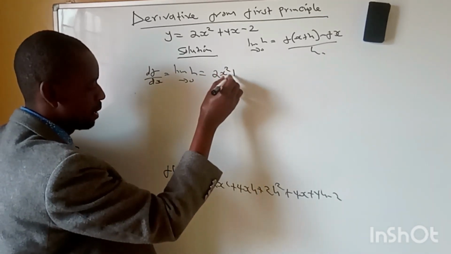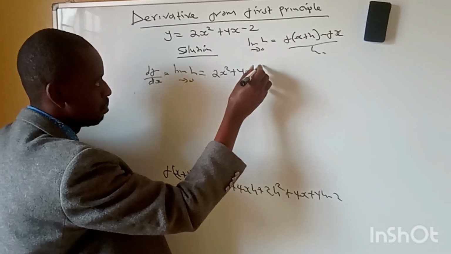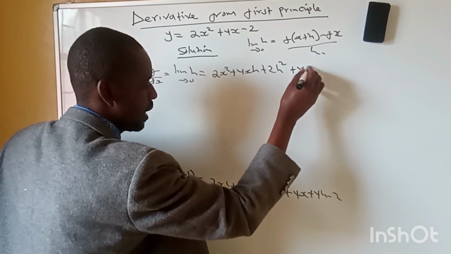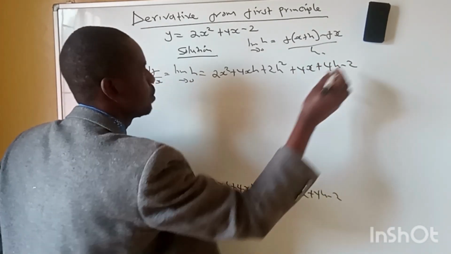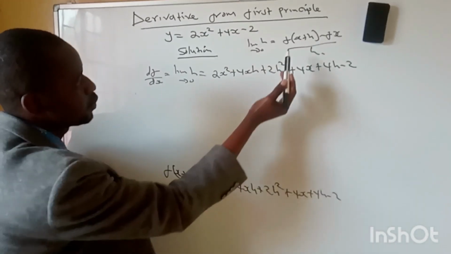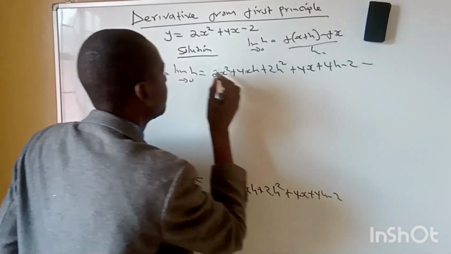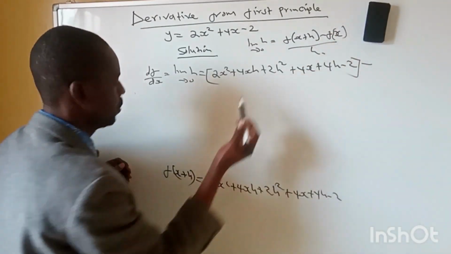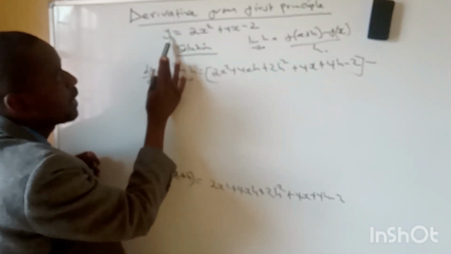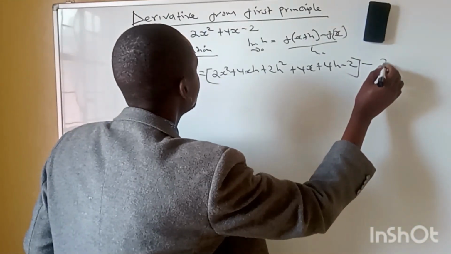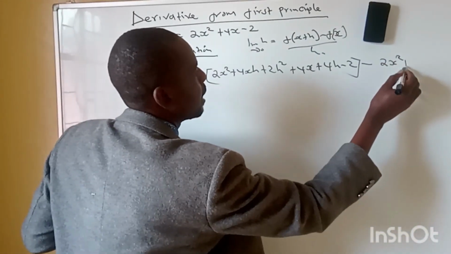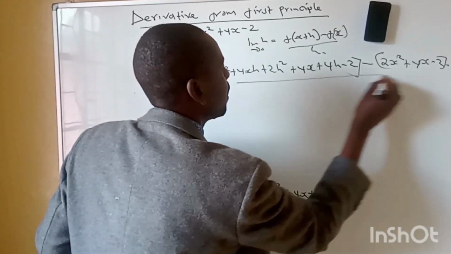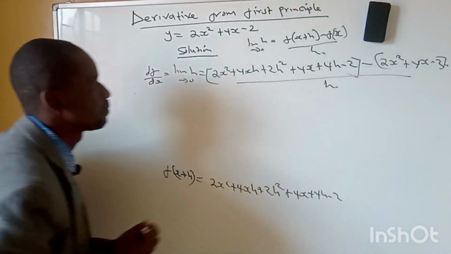2x squared plus 4xh plus 2h squared plus 4x plus 4h minus 2. Now that is the function of x plus h, minus, put this one all over the bracket, then minus the function of x. As you can see, the function of x was our y, which is that initial equation, 2x squared plus 4x minus 2. This one is all over h.